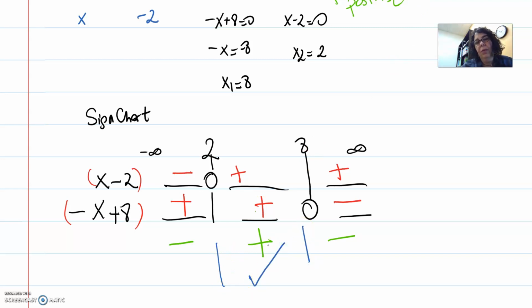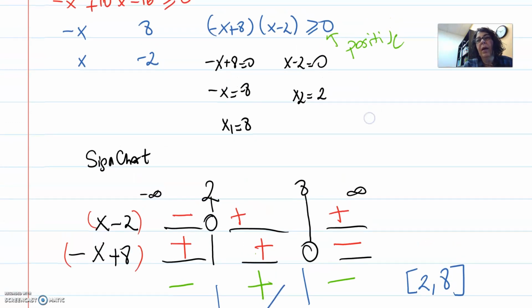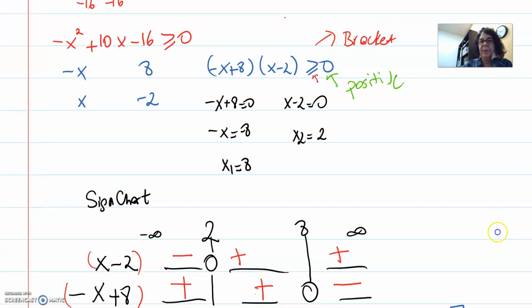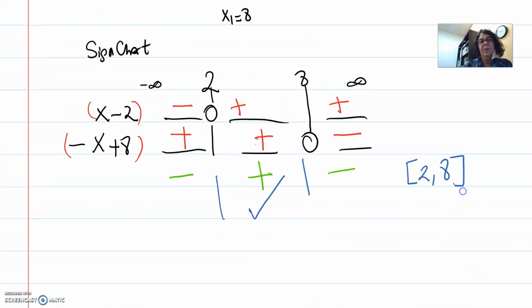So the solution will be between the roots 2 and 8. 2 and 8 are included because we do have that little line there. That's why somewhere in our solutions we need to have brackets, because we do have little lines under that. This is the sign chart method.